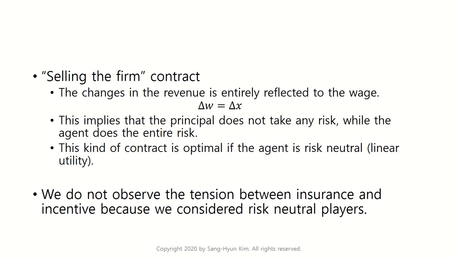This is the more fundamental reason. There is no tension between insurance and incentive in this model because we were considering risk neutral players. So the principal was risk neutral and the agent was risk neutral. So they don't care about risk at all. So we don't have to think about insurance at all. So of course there is no tension between insurance and incentive because nobody cares about insurance.